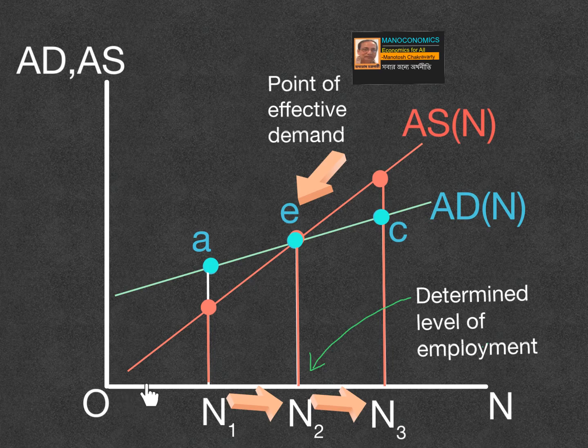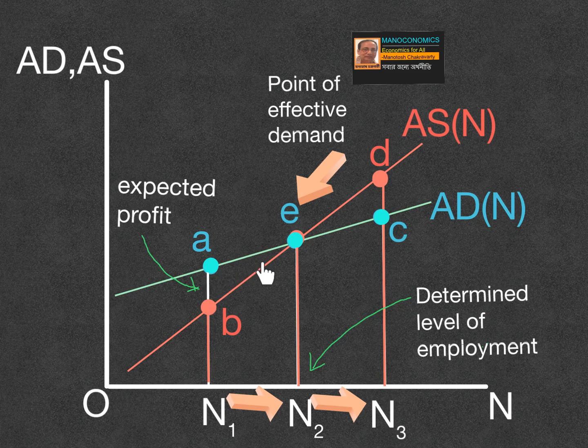At the level ON1, aggregate demand exceeds aggregate supply, and so the expected receipts are greater than the minimum cost necessary for this level of employment. So here lies the expectation of profit, and this positive profiteering zone will induce the employers to increase the level of employment to ON2.